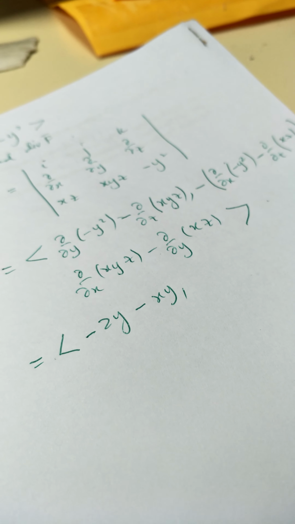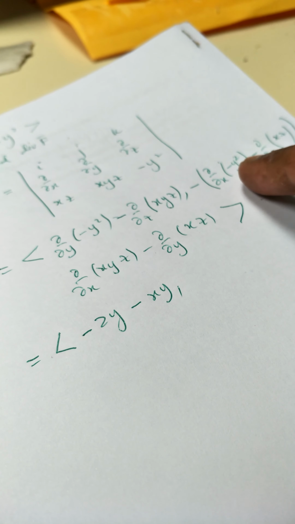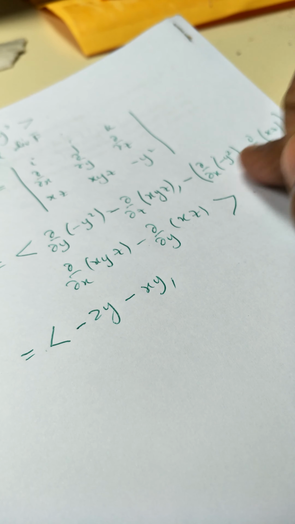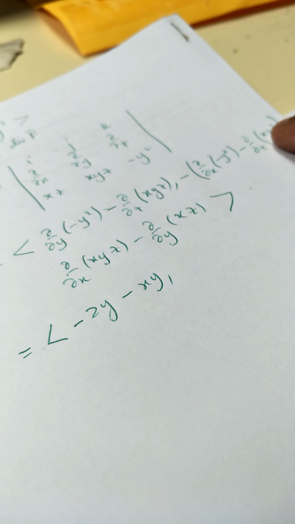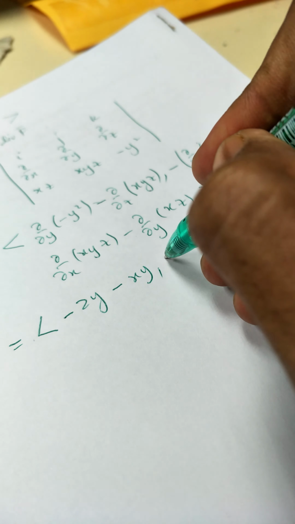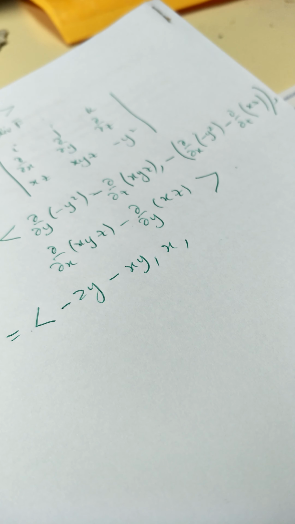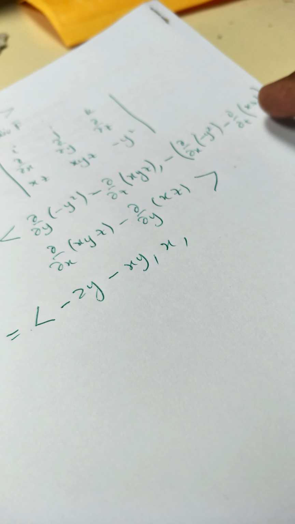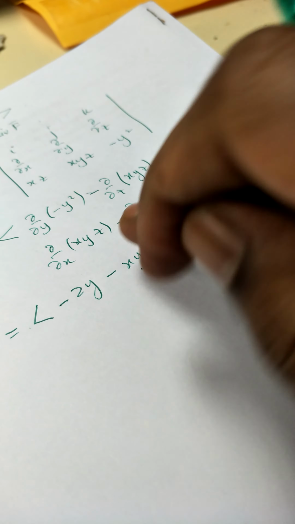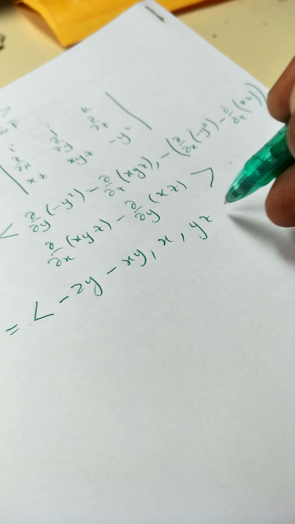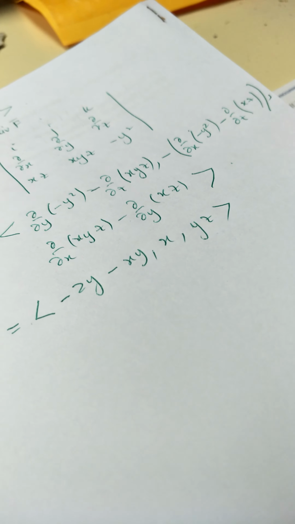For that we have negative 2y minus x, the x is 0, z, and negative negative is positive, so we have x there, correct? This one is 0, negative negative you get positive, and for k we have yz minus 0.